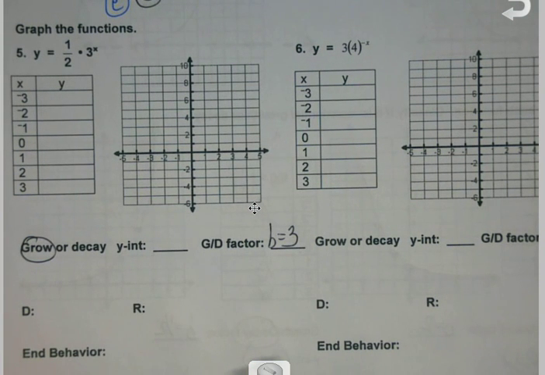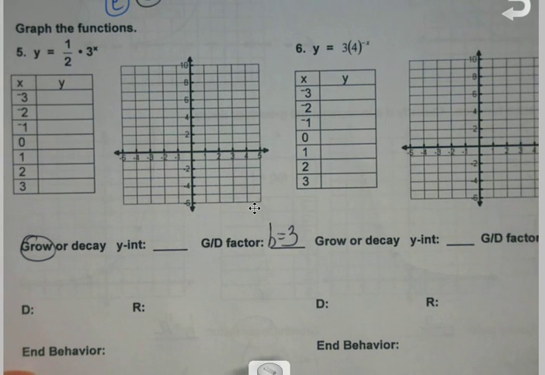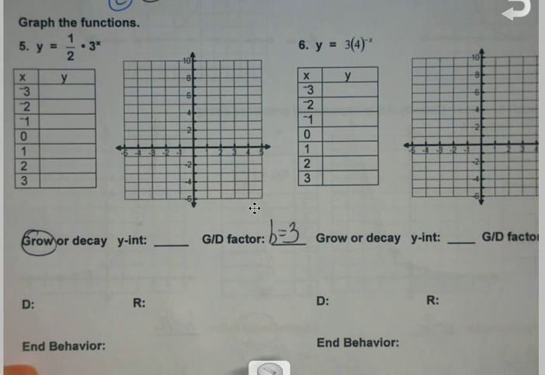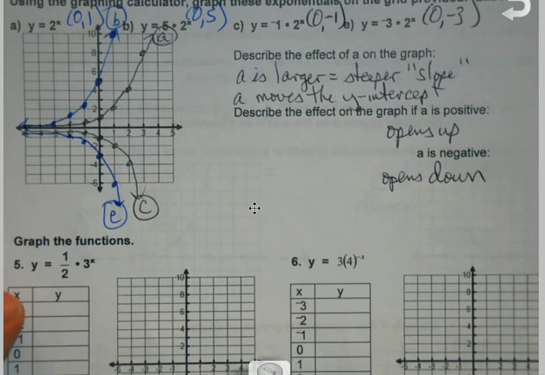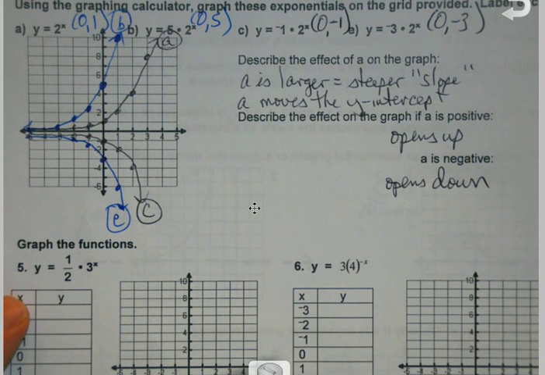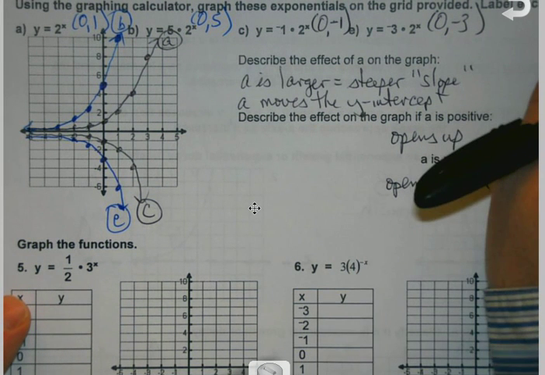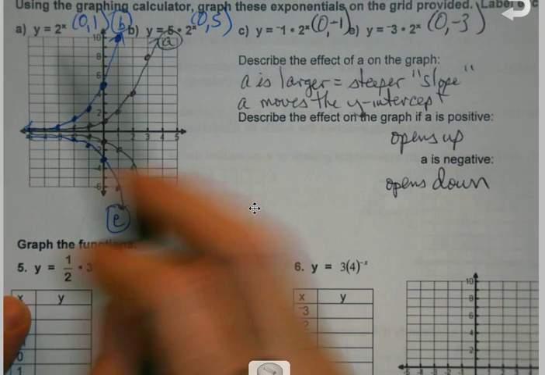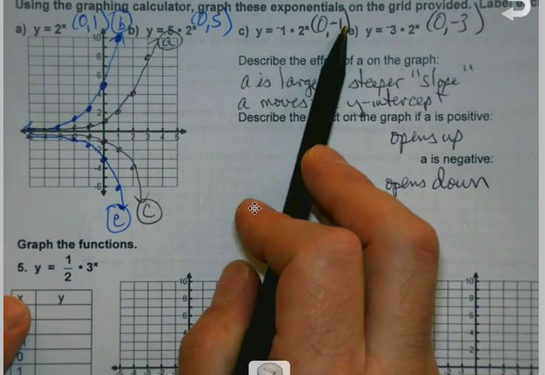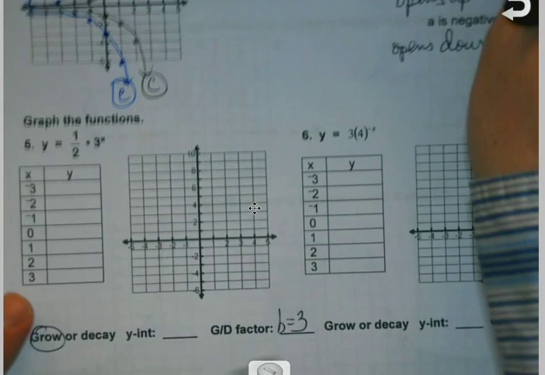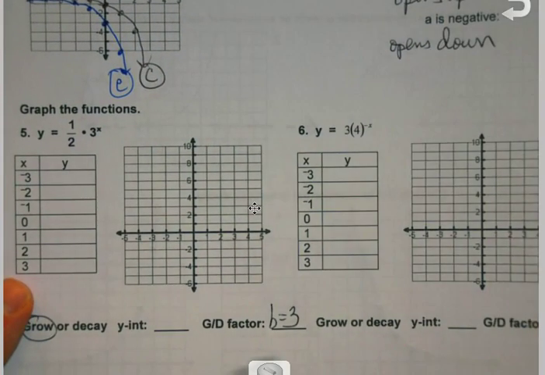Where's my Y-intercept going to be? I don't know how to figure that out. Look up at the pattern we just did in the section up above. There's a direct connection between your A value and the Y-intercept. Notice again, when the A value was 5, we moved to 5. When it was -1, we were at -1. Let's slide back down. What's my A value?